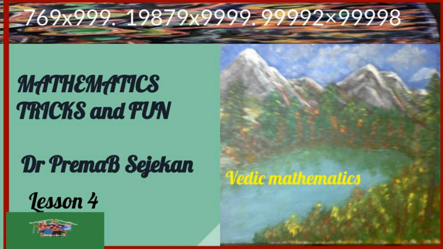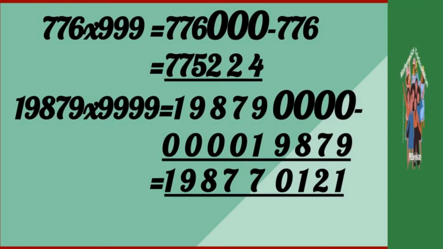Today we are going to study the multiplication of 9s with numbers having digits in random. In the first example, 776 is multiplied by 999. How to do this quickly? 999 means 1 less than 1000. So first multiply with 1000 and deduct once 776 from the product.